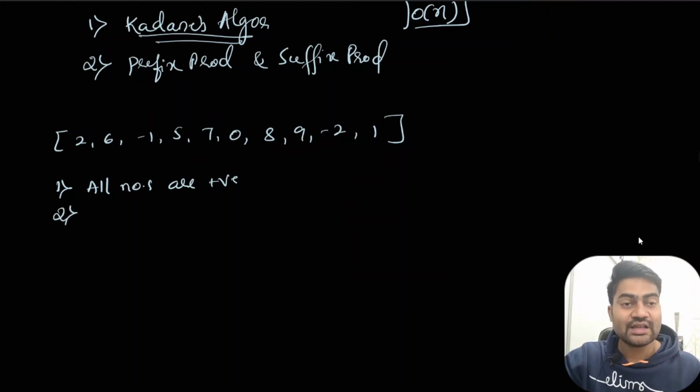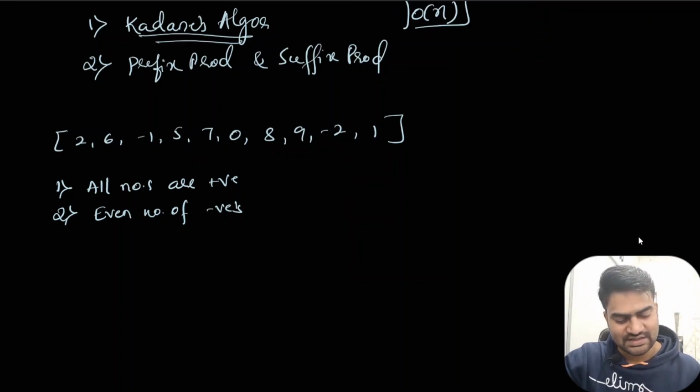Next one is we have even number of negatives. It means when we have an even number of negatives, after multiplication the final product becomes positive. So it is very clear for us.